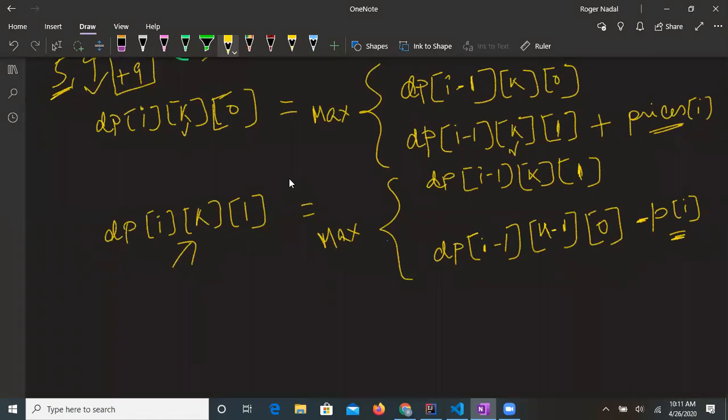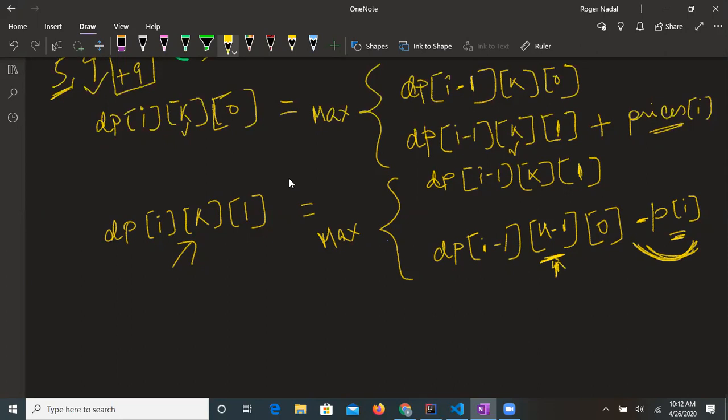Yeah. This is during the buy time. Here I am incurring the cost. So I need to have one less transaction, right? Because see, how can I have K transactions if I made a new transaction today? I must have K minus 1 transactions, right? Then only after this operation, my transaction number will increase by 1, right?